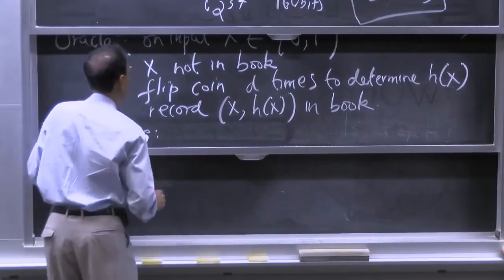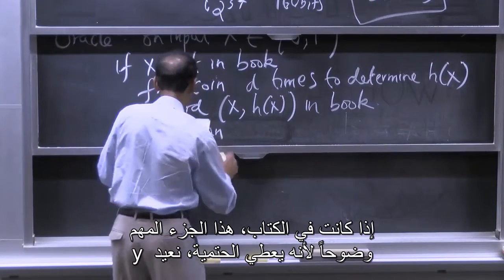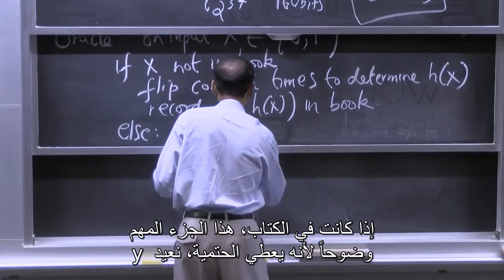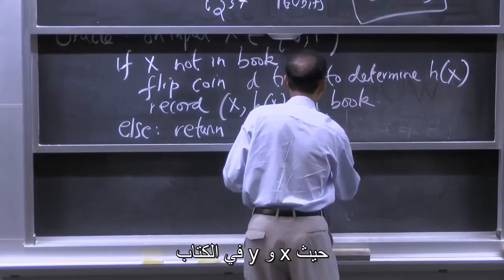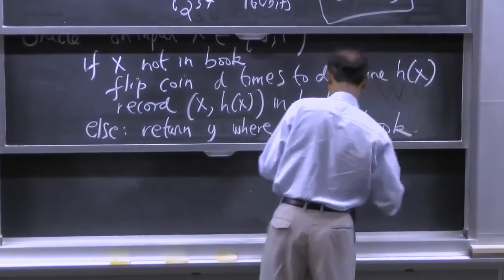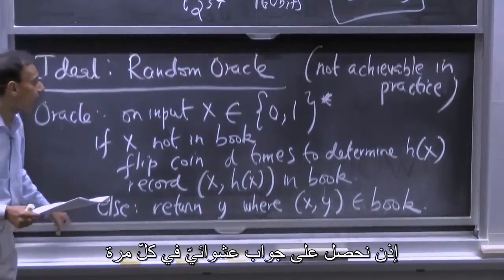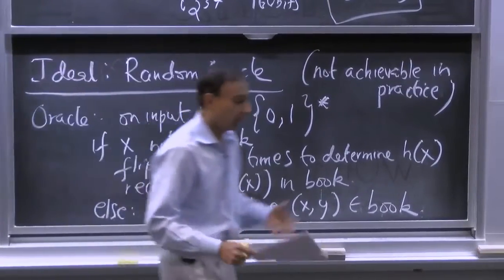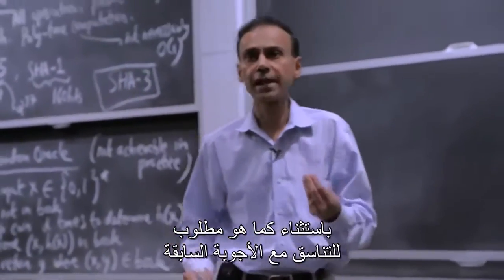And if it's in the book, well, this is obviously the important part that gives you determinism, where you return y, where x and y are in the book. Okay? So you get a random answer every time, except as required for consistency with previous answers.